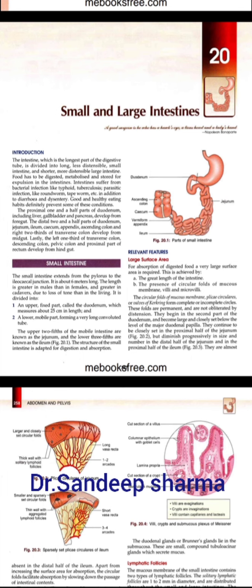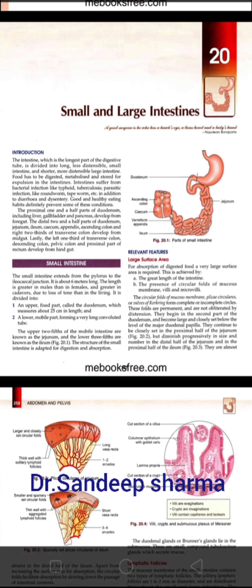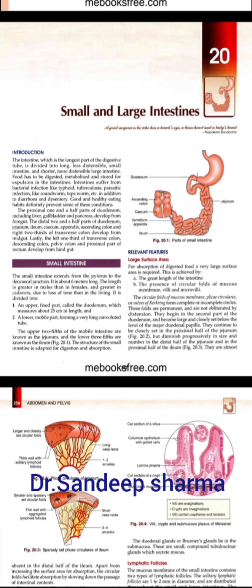The part which is shorter in length but has more distensibility is called the large intestine. Students may get confused here, so you should know the difference between these two.